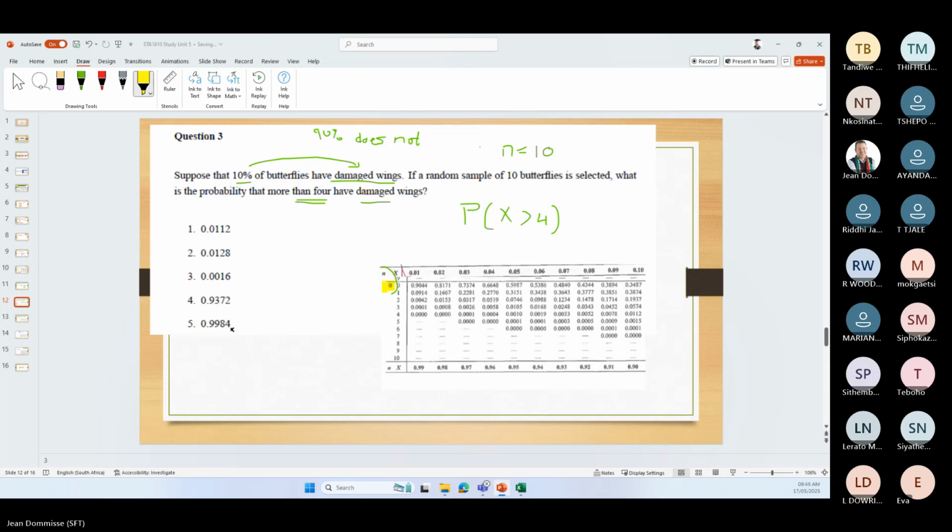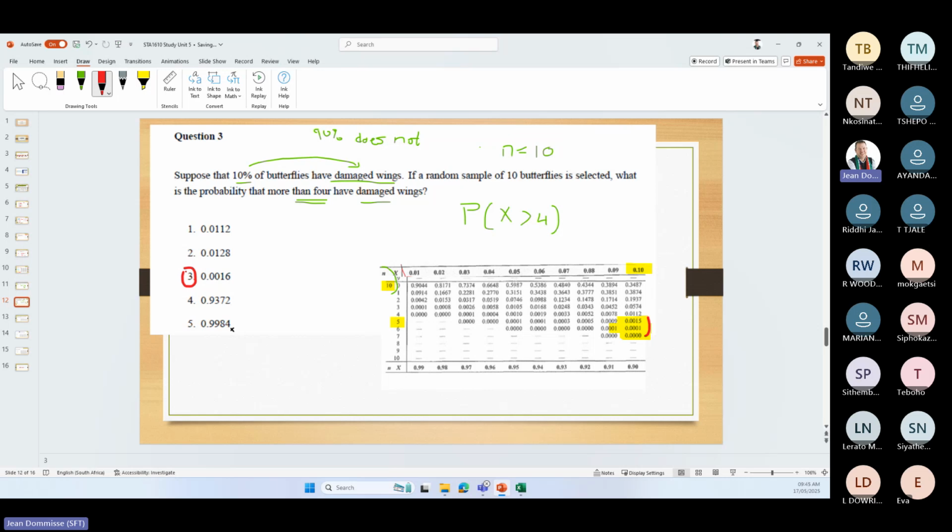N10 was 10%, but then more than 4. So basically those three that we need to add together. So 0.015, 0.0001, and then all just zeros. So that is 0.0016 if we add those together, which is option 3.